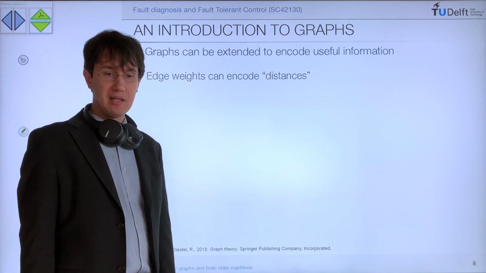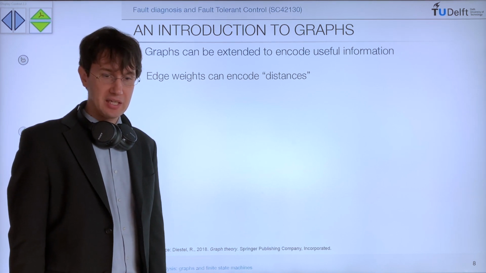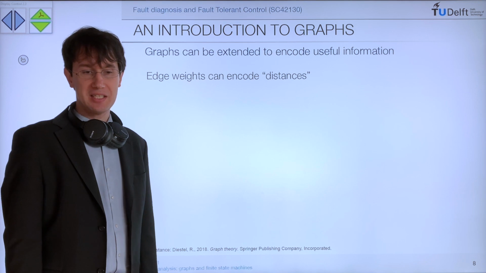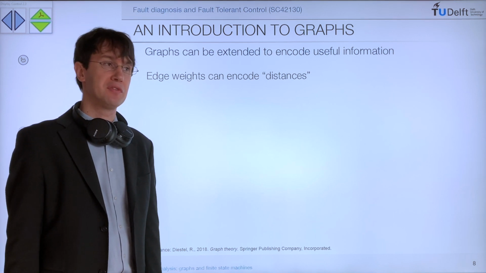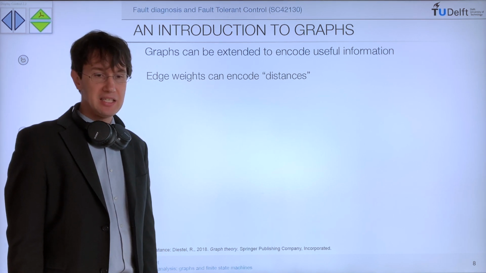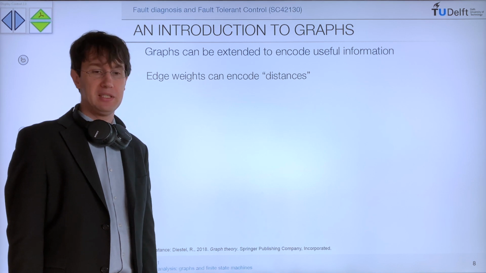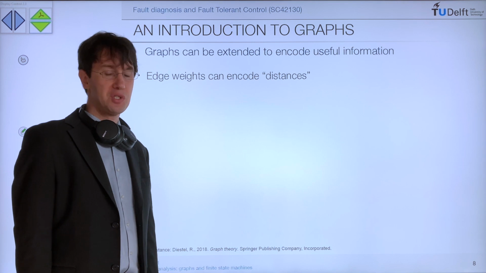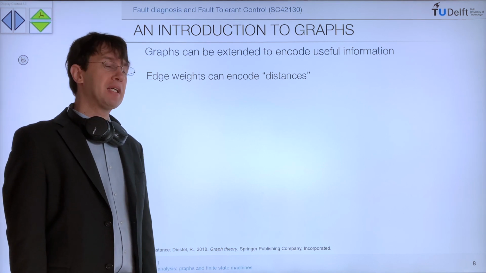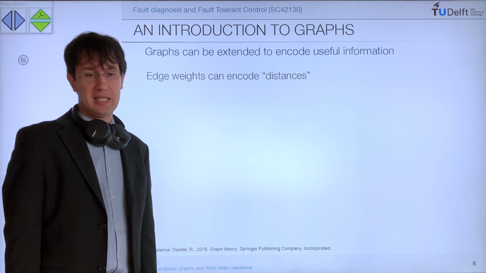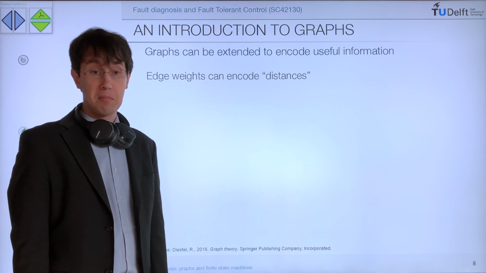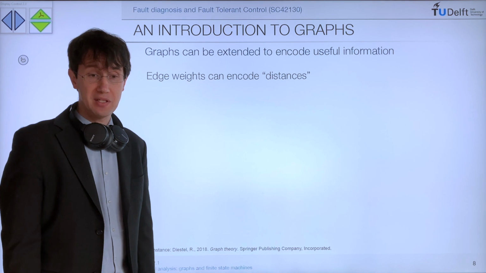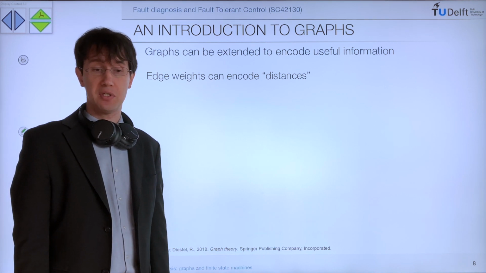Graphs can seem quite simple tools, as you have seen until now, because we just described them in terms of nodes and edges, and this allows you to study properties, as we said, such as connectivity, but not so much else. But graphs are very powerful because we can extend them with extra properties such that we can solve problems or run algorithms using graphs.